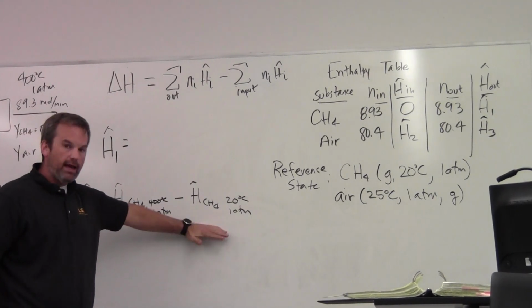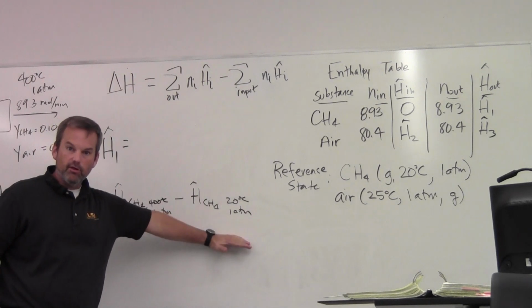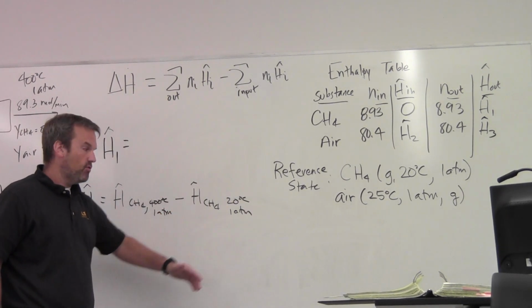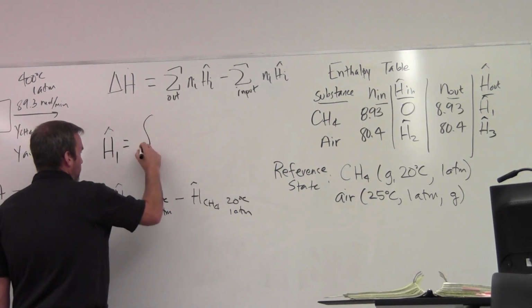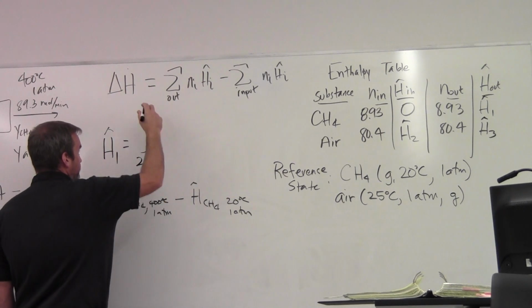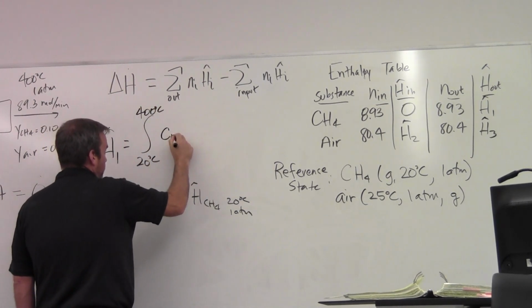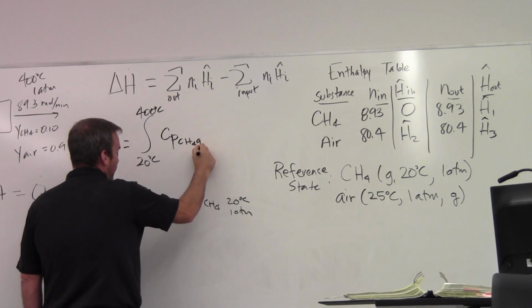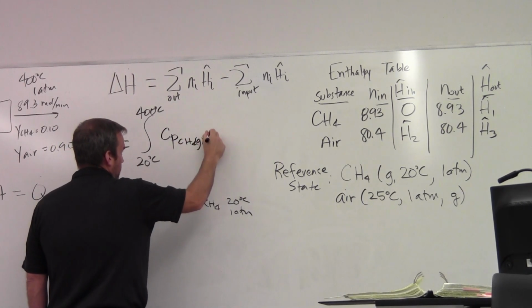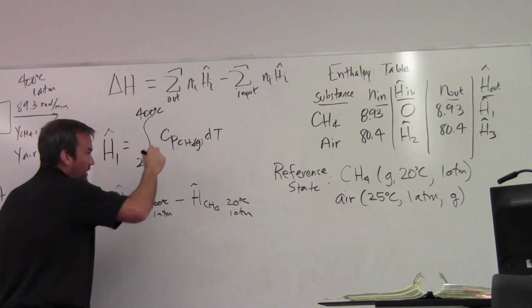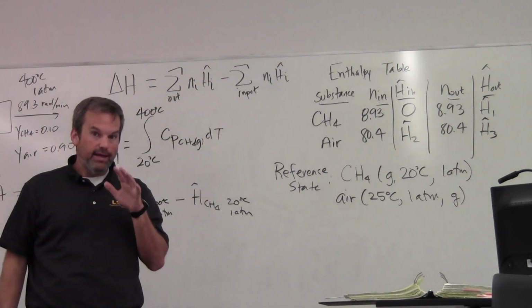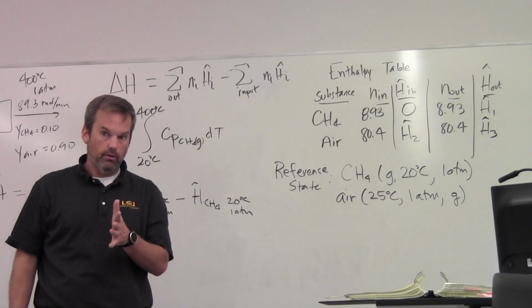So to get this delta H, final minus initial, I can just integrate. I integrate from 20 degrees Celsius to 400 degrees Celsius using the Cp for methane gas dT. Where am I going to get the heat capacity for methane gas as a function of temperature?